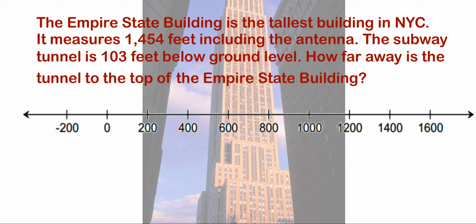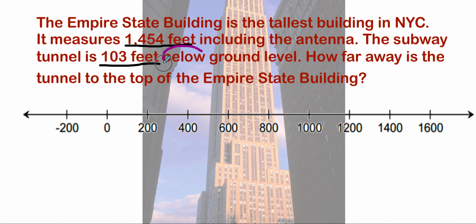Think about it. Let me underline the information so you can see. So it measures 1,454 feet, including the antenna. The subway tunnel is 103 feet below. What does below mean?